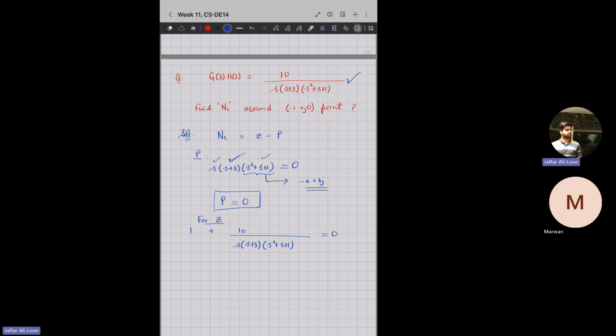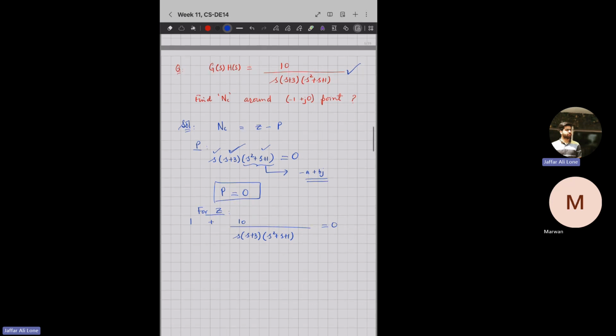If you solve it, we will get a 4th order polynomial: s4 plus 4s cubed plus 4s squared plus 3s plus 10 equal to 0. One way is to directly solve it, but it's very difficult because it's a 4th order polynomial.